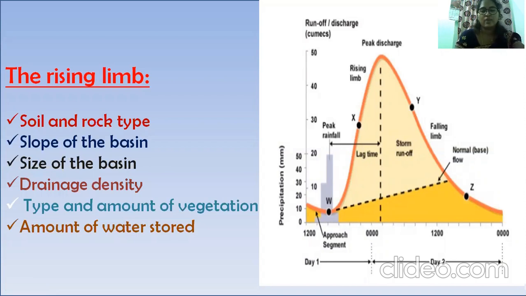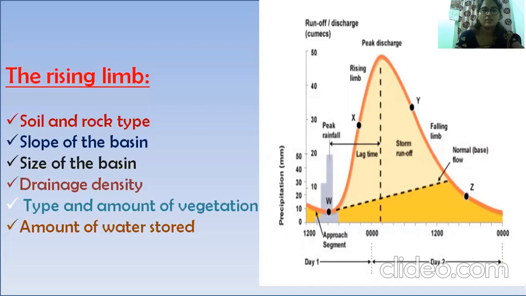As the rainfall continues, the surface runoff and the throughflow reach the river, causing a rapid increase in discharge, and this is indicated by the rising limb.